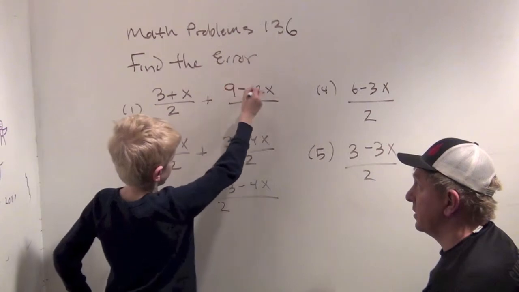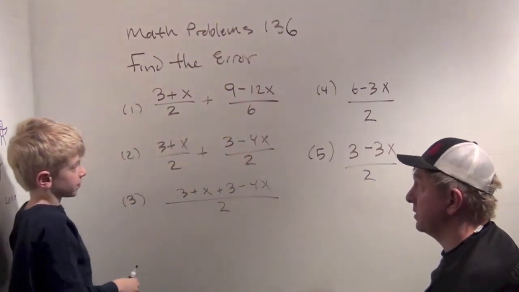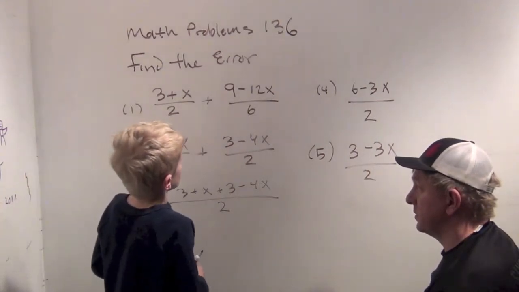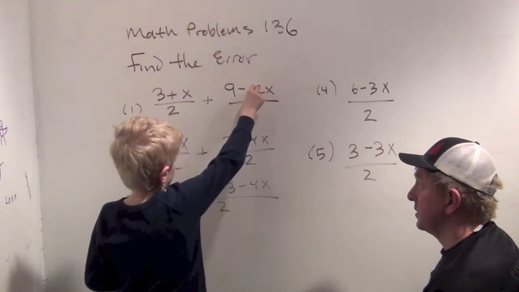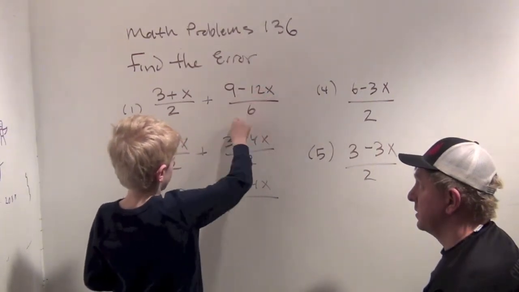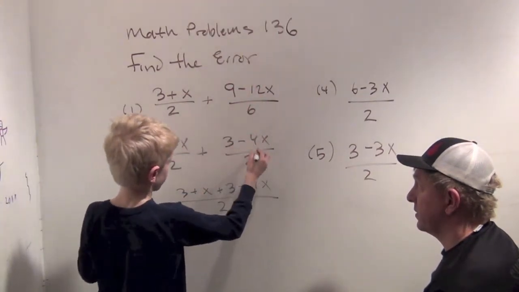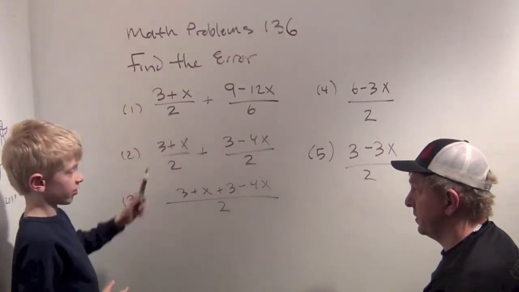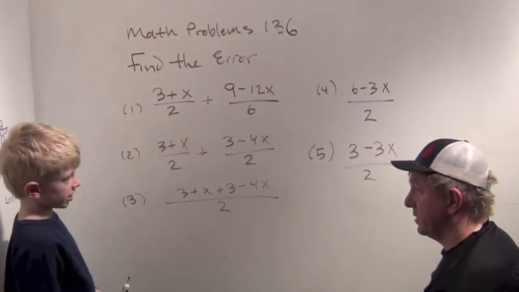The 9 and the 12 both have a 3 in them, so you divided all three of these by 3 and got 3 minus 4x over 2 plus this, and you didn't do anything to this. Did I simplify correctly? Looks like it is.